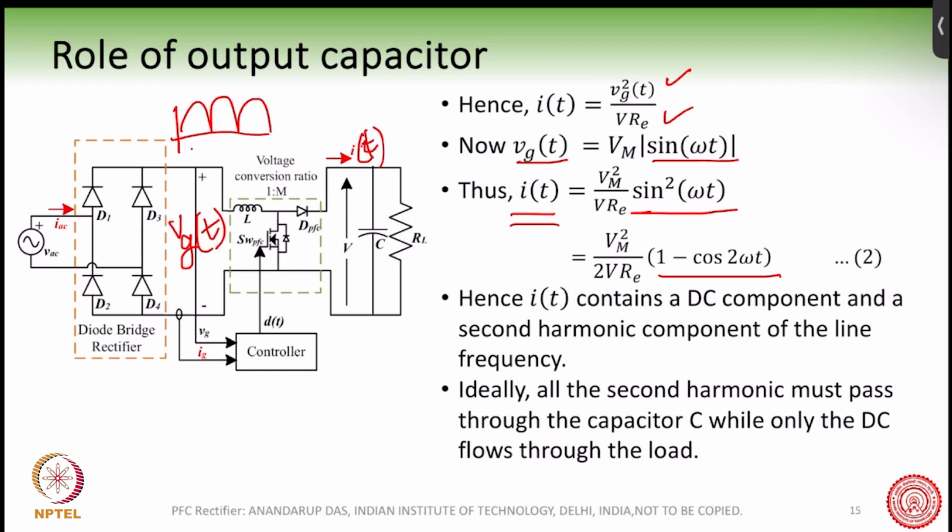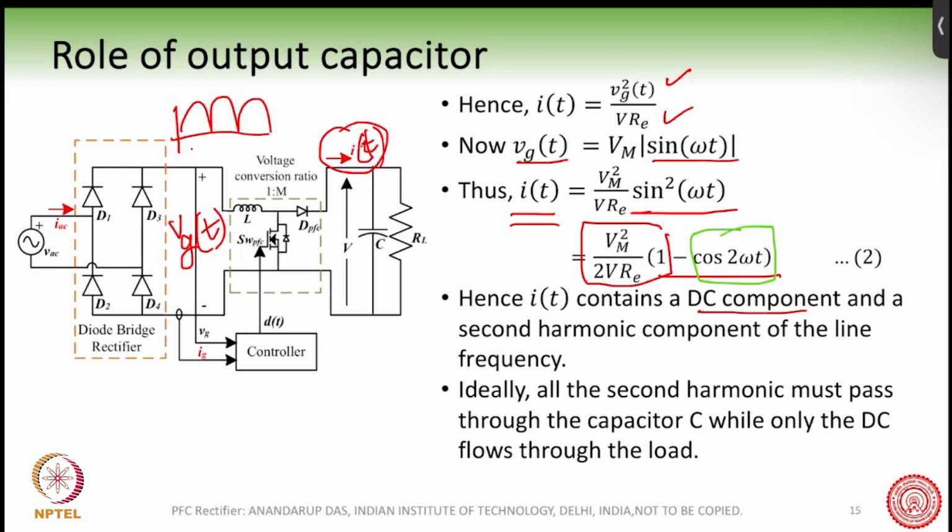So what it shows is that this current which is flowing here, before the capacitor, contains a DC component, this one, and a second harmonic component, Vm squared by 2 VRE into cos 2 omega t. So this current IT has both these components.